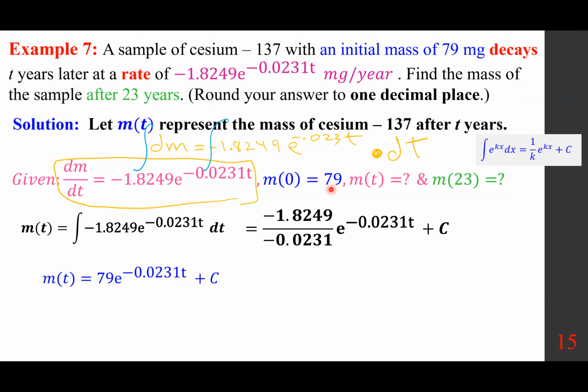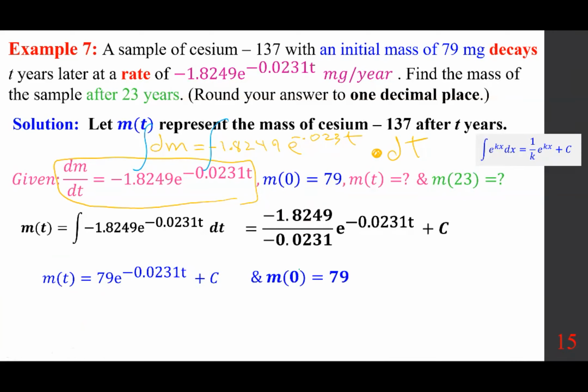What are we going to use? One pair: 0, 79. So m of 0 is 79.